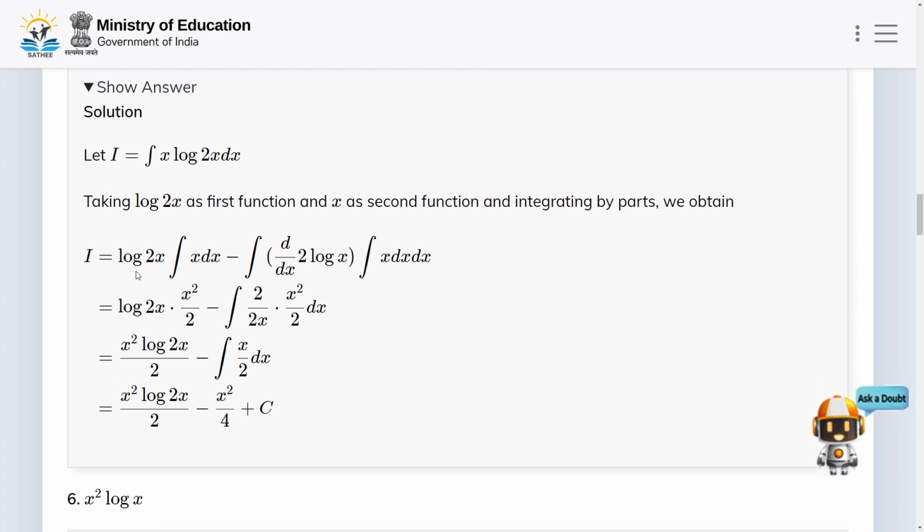So the first function will be as it is, times the integration of the second, minus the integration of the derivative of the first times the integration of the second. This gives you log 2x multiplied with x square by 2 minus the integration of the derivative of log 2x, which will be 2 divided by x.